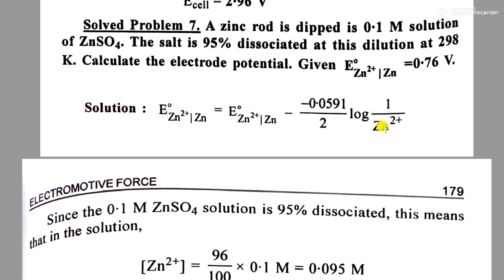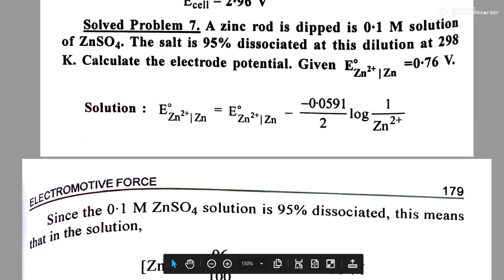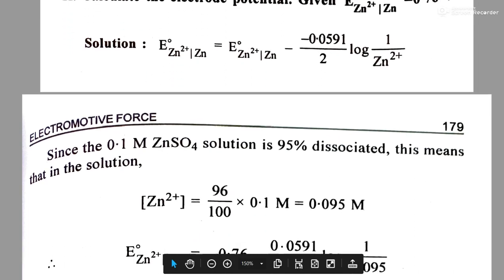For the concentration of zinc ions, you have to multiply it by the percentage of dissociation. So if it is 0.1 molar, you have to multiply it by 95 by 100. Then you get the concentration of active zinc ions present in the cell.